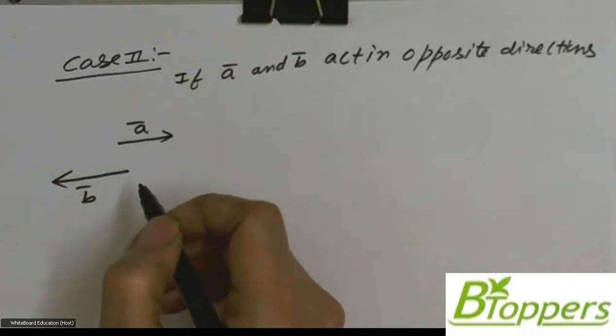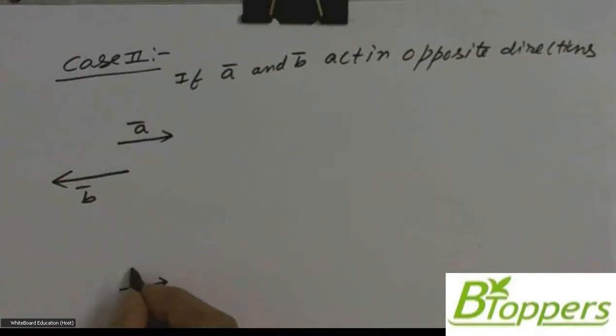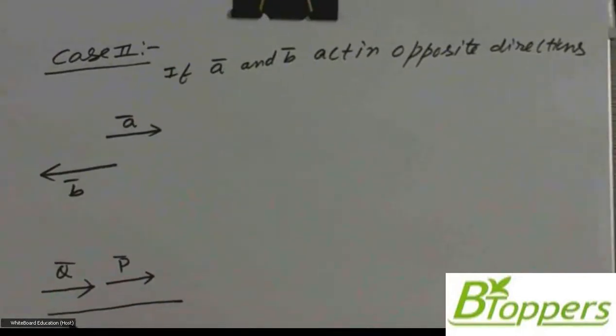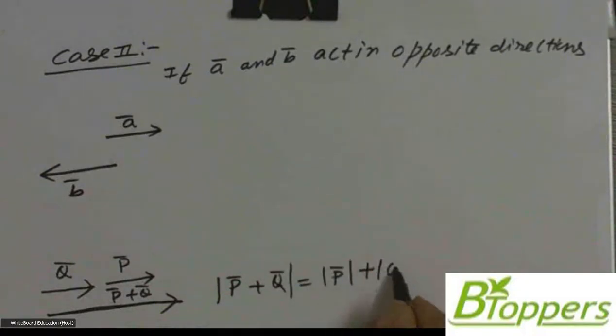As I discussed earlier, if two vectors p bar and q bar act in the same direction, the direction of the vector sum of p bar and q bar will be the same as the direction of either vector, and the magnitude of the vector sum of p bar and q bar will be equal to magnitude of p bar plus magnitude of q bar.